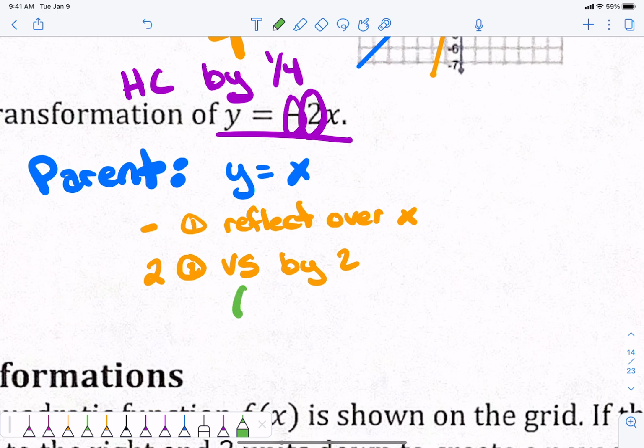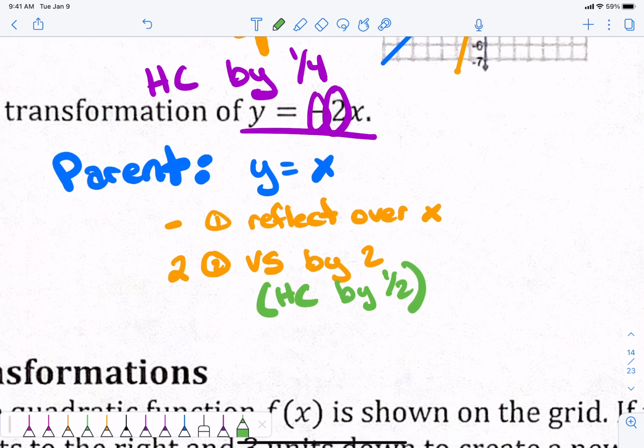Now, somebody might argue instead that that is a horizontal compression by 1/2, right? I'm just saying that there are 2 things happening, so I'm listing them out. Number 1, number 2. Reflect over x is the first thing. The second thing is a vertical stretch by 2.